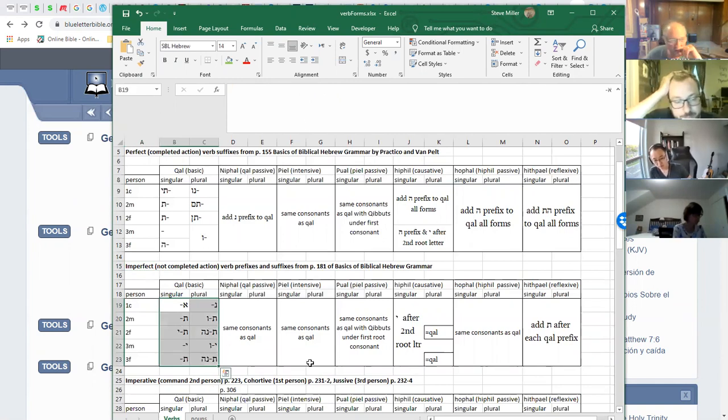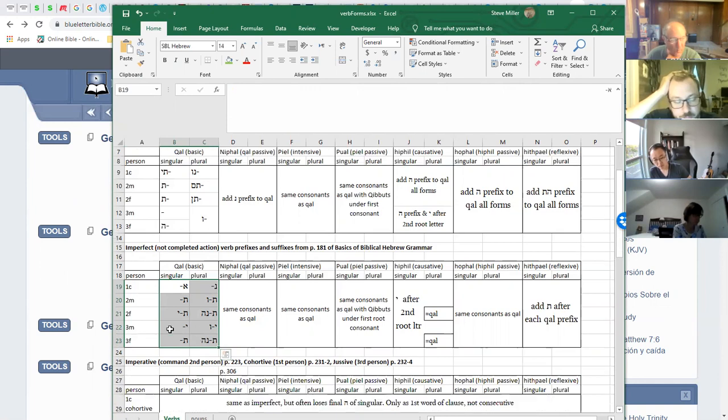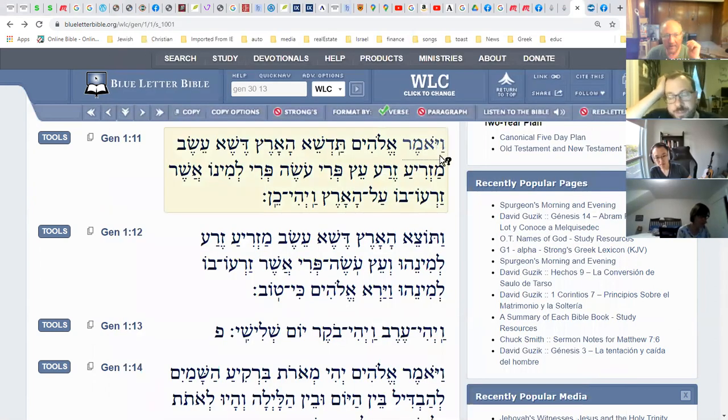One of the prefixes is a yud. That is an imperfect third person masculine singular. That's why it is a verb. That's one of the markers. A word could start with a yud, but when you see a yud at the beginning like that, you usually think it's going to be third person imperfect.